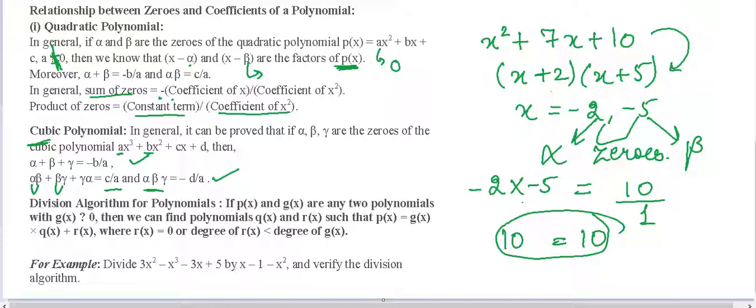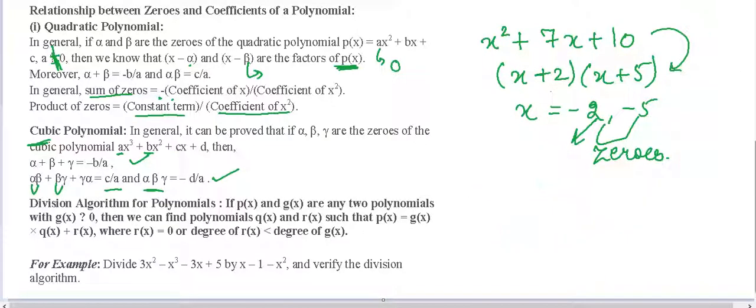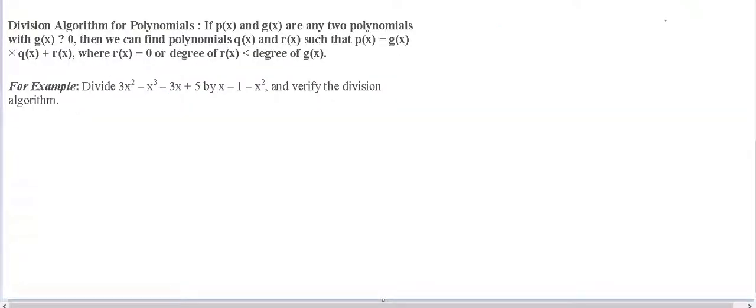Now let us see the division algorithm for polynomial. What does this division algorithm say? If you divide any polynomial, so this is your polynomial, that is 3x square minus x cube minus 3x, here we'll see the division algorithm. You know how to divide any polynomial.